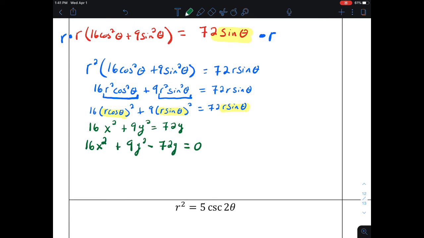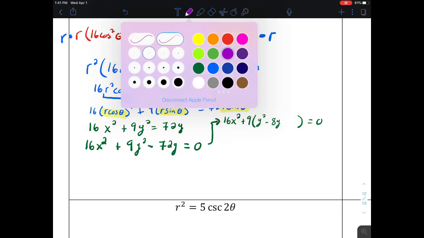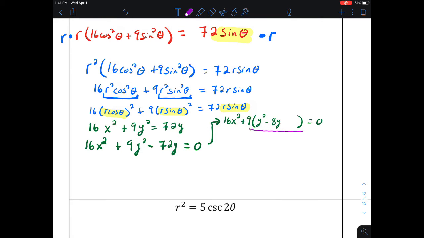I would have to factor out a 9 so that I could do the completing the square process. So I'd have 16x squared plus 9 times y squared minus 8y equals 0. We're going to complete the square on the y term. So we'd have 16x squared plus 9 times, and our goal is to get a binomial being squared with y in here.